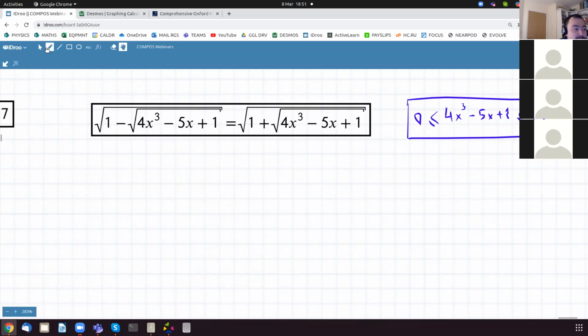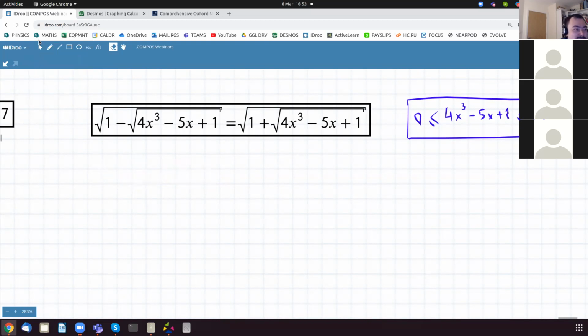So what you're doing, you're squaring both sides. There's no surprises here. Minus square root of 4x cubed minus 5x plus 1. You can also make your life easier by using a substitution, for example. Yeah, let's do it.